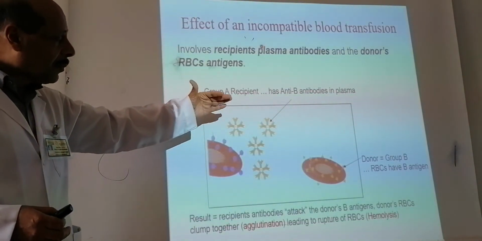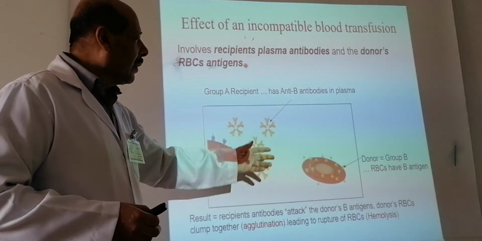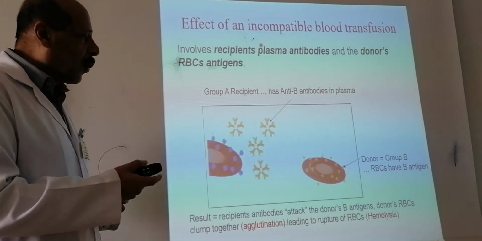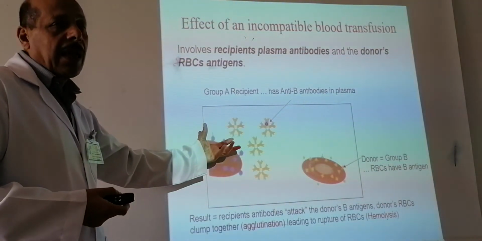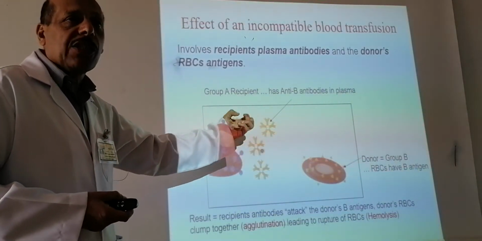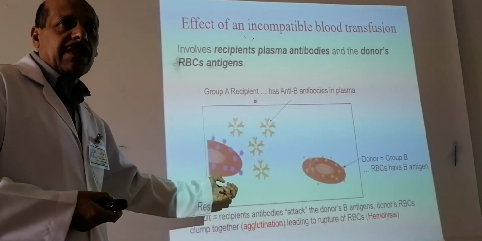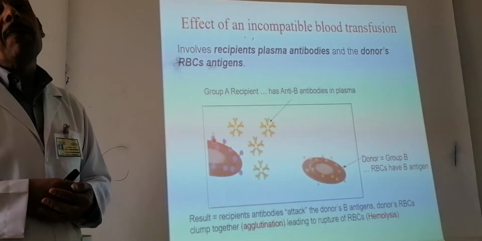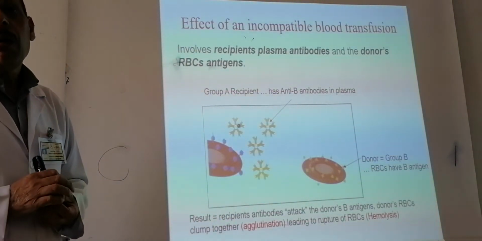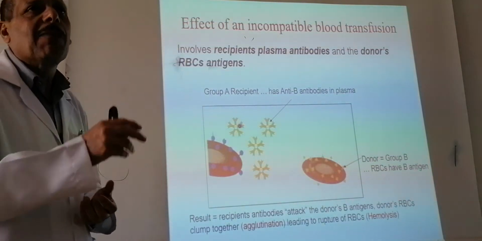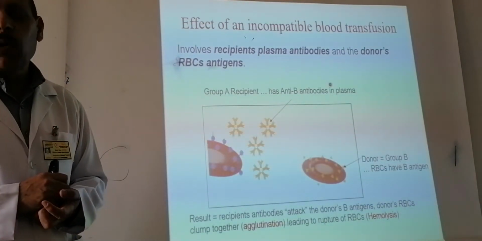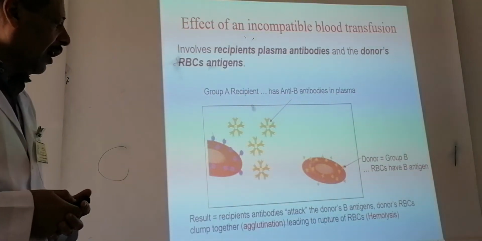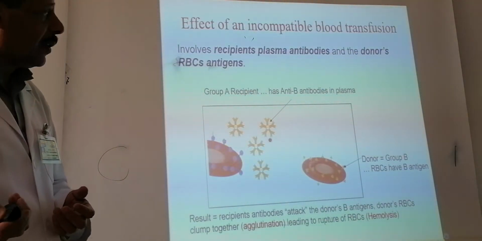If we give a different group, the antibodies present in the recipient plasma will attack the blood cells of the donor, and it will lead to agglutination and hemolysis.